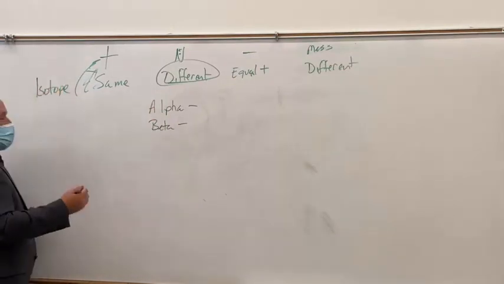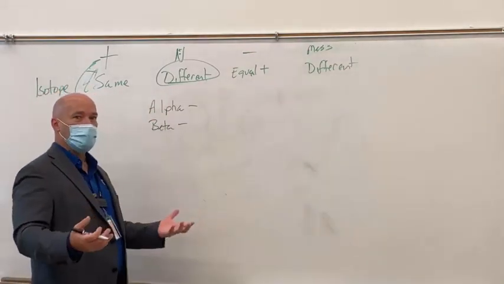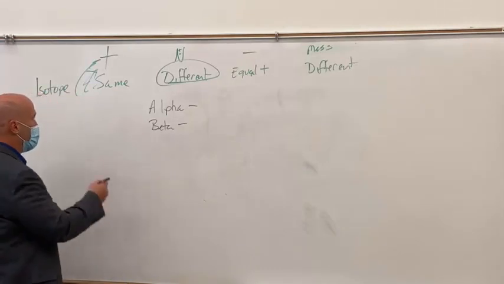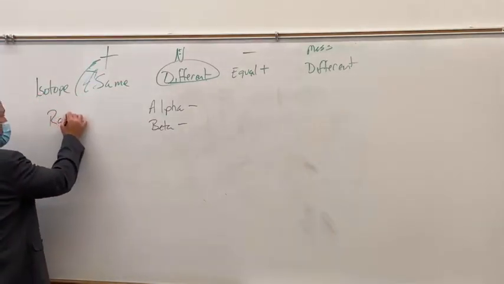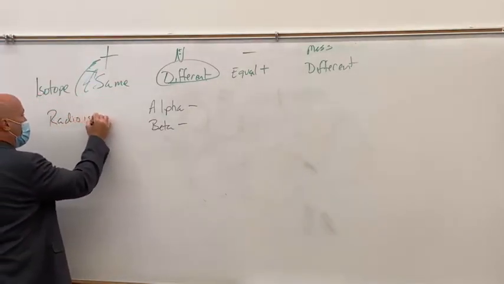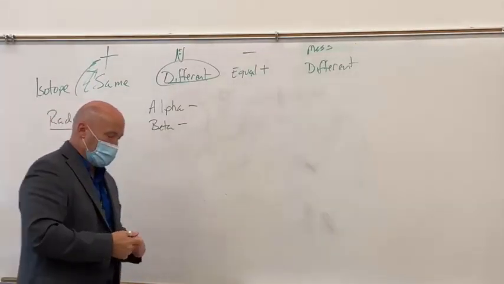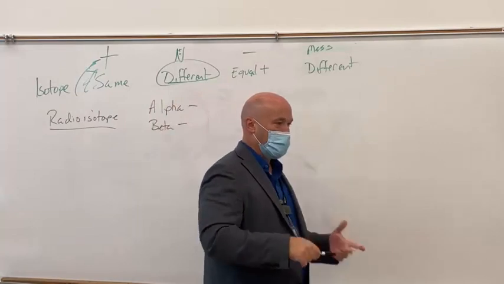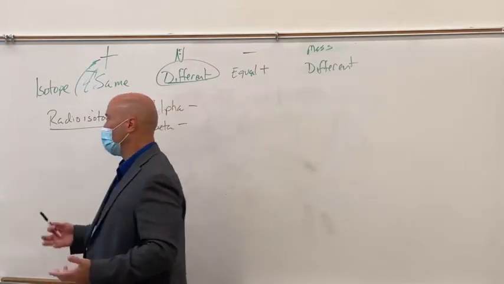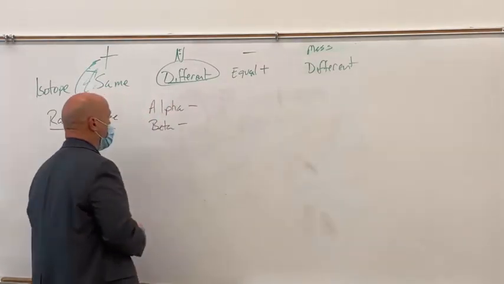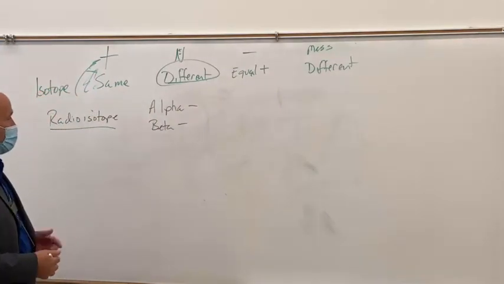So what we have in something that is radioactive, an isotope that is radioactive, is what we call a radioisotope. Okay? So we've got radioisotopes that are both man-made and natural. And a radioisotope, again, just has too many neutrons. So it seeks to become stable.